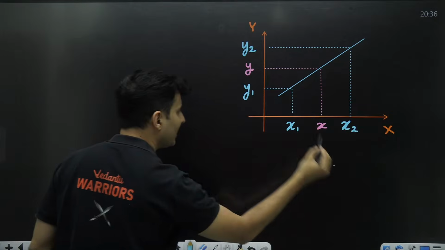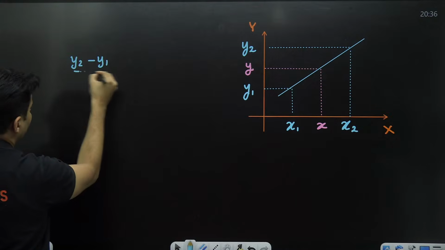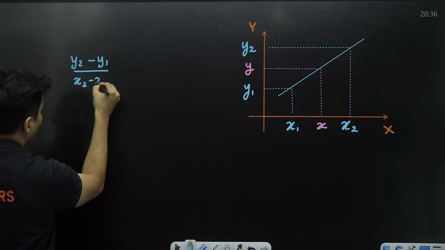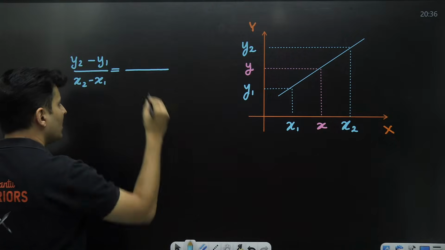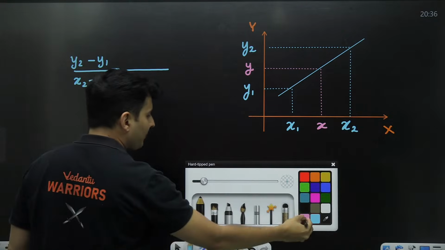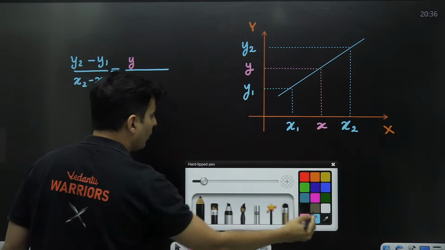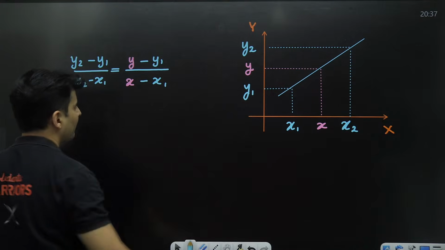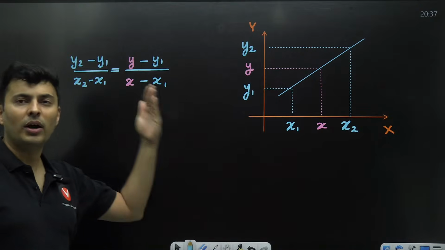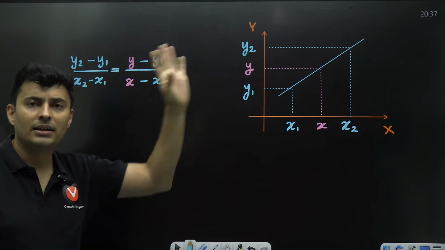So what you will do is y2 minus y1 upon x2 minus x1. Over here, you can say y minus y1, here x minus x1. This is nothing but your 2-point slope formula. That's all you need to use to convert the temperature.